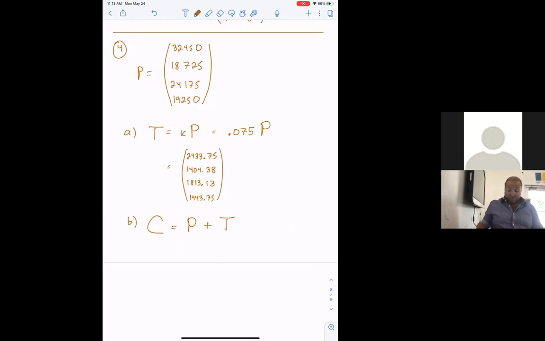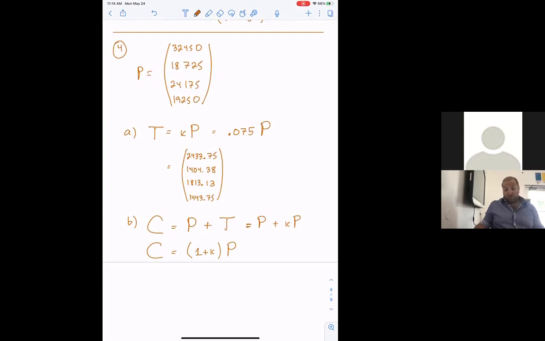But that's not in terms of P, that's in terms of P and T. So we're going to replace T with what we know it's equal to, which is KP. And then we're going to factor out the P. Notice there's an invisible number in front of the first P of 1. So 1 plus K times P. So that is the matrix equation that describes C in terms of P. Capital C equals 1 plus K capital P.